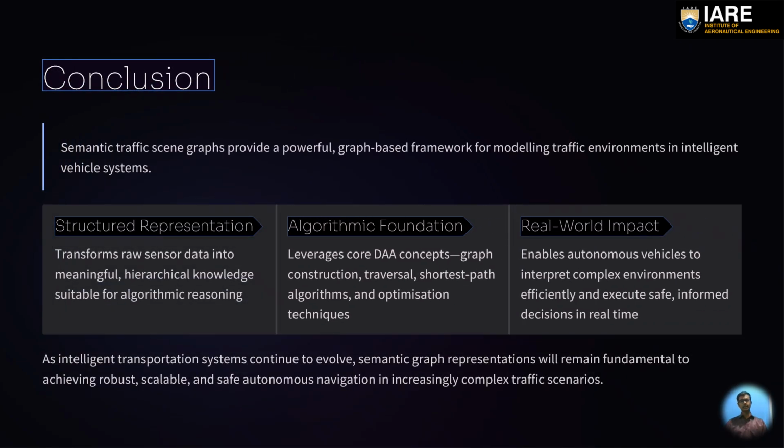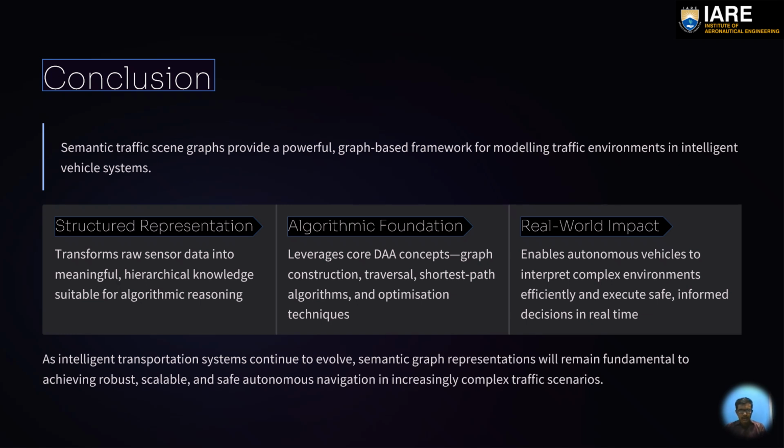And now finally, let's conclude the topic. Hence, semantic traffic scene graphs provide a powerful graph-based framework for modeling traffic environments in intelligent vehicle systems. Here we have to consider three aspects. Structured representation.